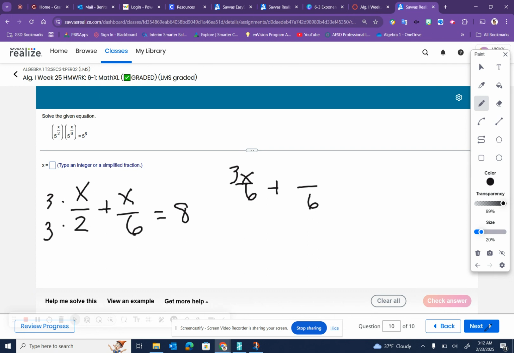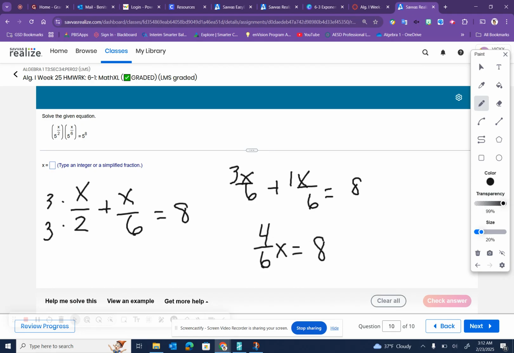Since the second one, the denominator stayed 6, the numerator just stays an x. So 3/6 x plus another 1/6 x, because recall there's a coefficient of 1 here. So this becomes 4/6 x is equal to 8.